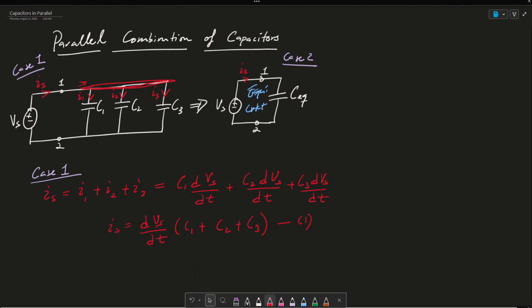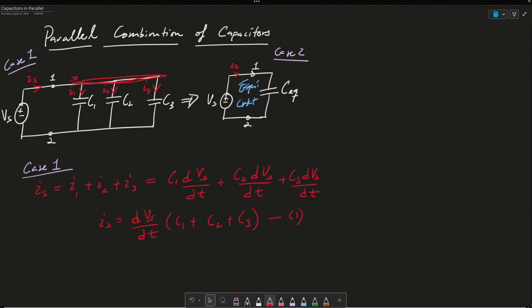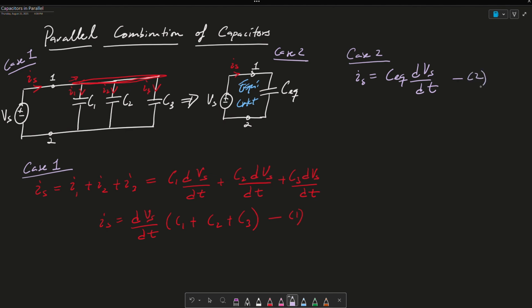So now I'm going to write an equation for case 2. For case 2, my Is is equal to this C equivalent times dVs over dt. Now let me call this equation number 2.